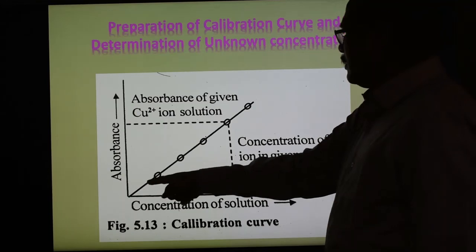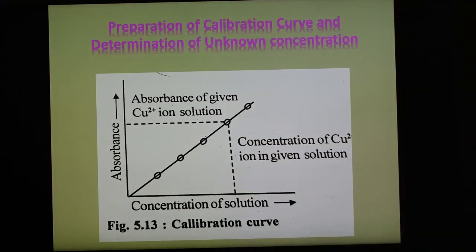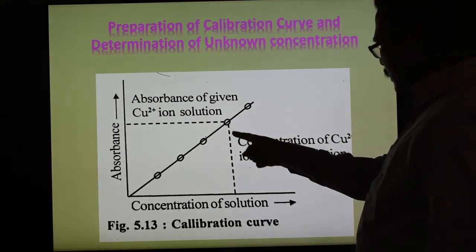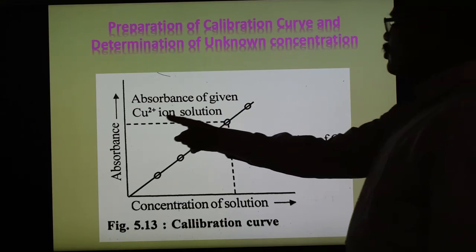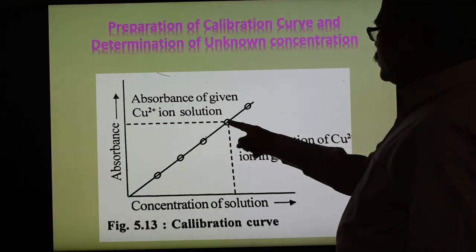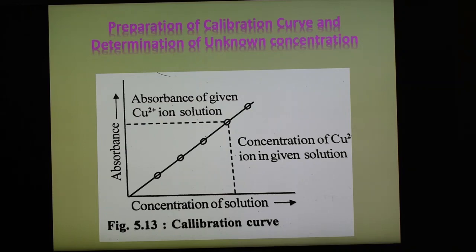After plotting the graph, the straight line obtained is known as the calibration curve, and on the basis of this calibration curve, the concentration of the unknown solution can be determined. Suppose the absorbance of the unknown solution is 1.2 or 1.3. Draw this line on the calibration curve, and the corresponding value is the concentration of that unknown solution. In this way, from the graph, the concentration of the unknown solution can be determined.